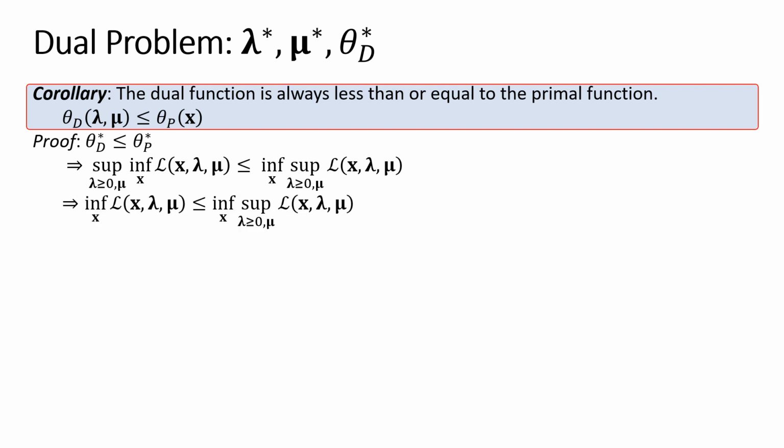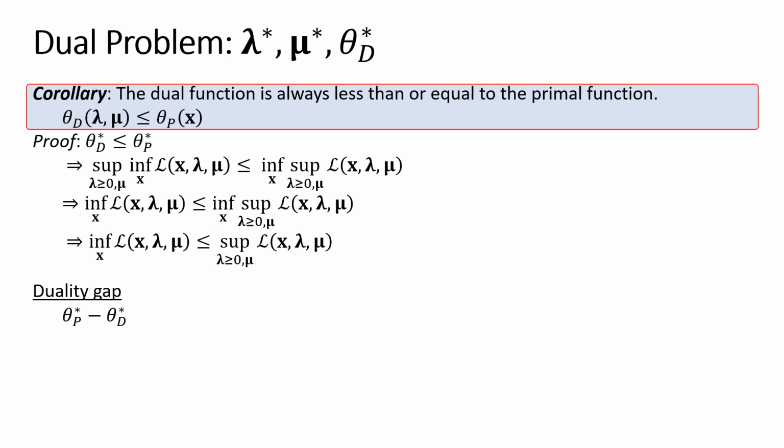Noting that there is a less than or equal to sign here, we can remove the supremum from this side, whence we have the inf of the Lagrangian is less than or equal to the inf of the sup of the Lagrangian. Now again, because of this less than or equal to sign, we remove the inf from the right hand side, whence we have the inf of the Lagrangian with respect to x is less than or equal to the sup of the Lagrangian with respect to lambda and mu. And this is the statement of this corollary.